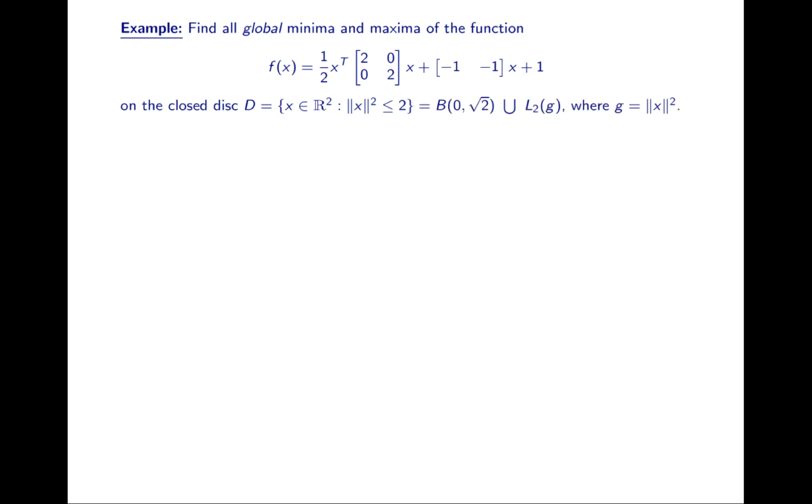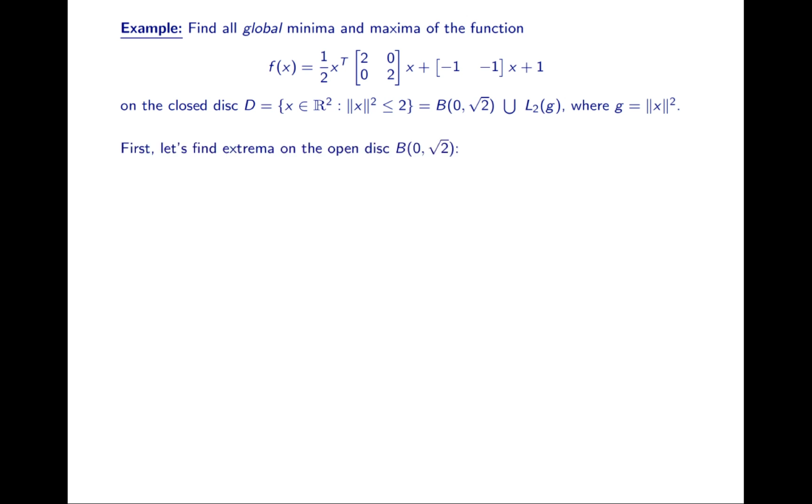Well, let's really think of that disk as 2 separate regions. The open ball of radius square root of 2 and its boundary curve, which is just the 2 level set of g if g is the norm of x squared. All right, so that's just our curve that represents the boundary of the closed disk.